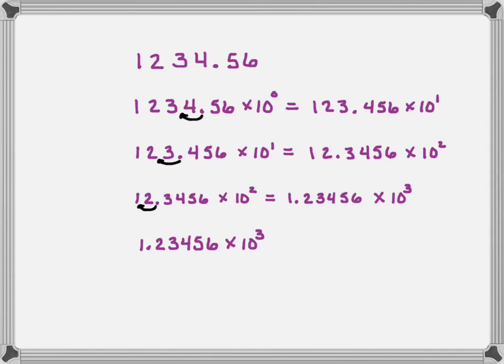So writing the number 1234.56 in scientific notation, the result will be 1.23456 times 10 to the 3rd. Again, I have one non-zero digit in front of the decimal place, and my exponent is 3 because I moved the decimal place over 3 spaces from where it was originally.